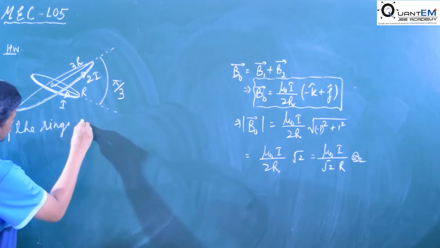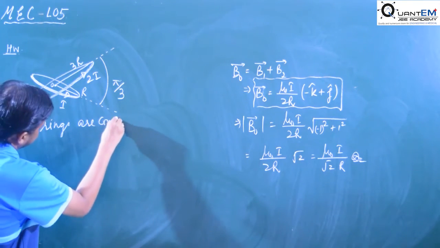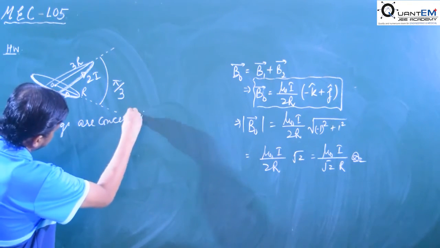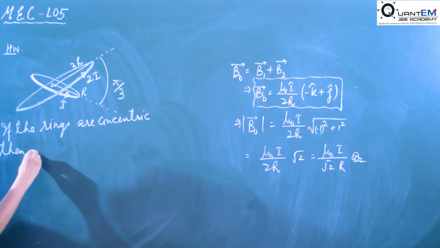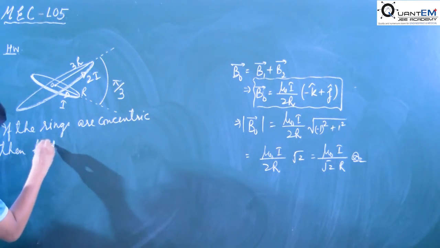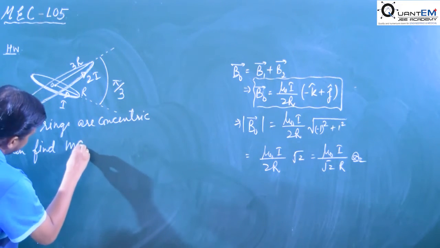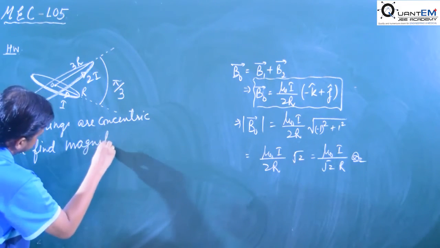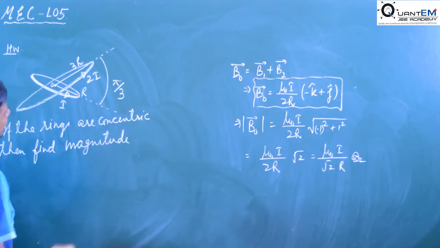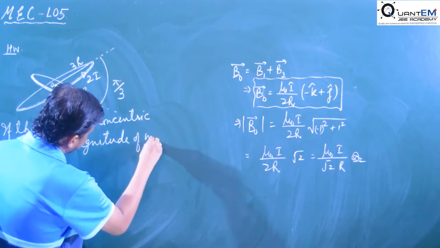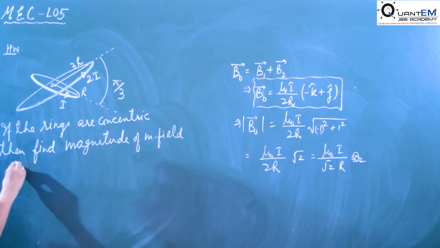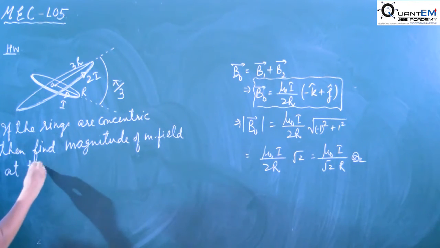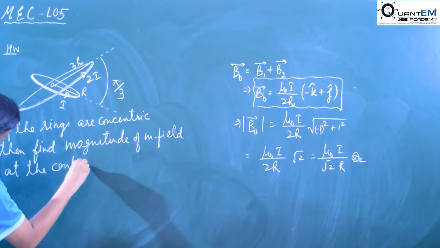If the rings are concentric, then find the magnitude of magnetic field at the center.